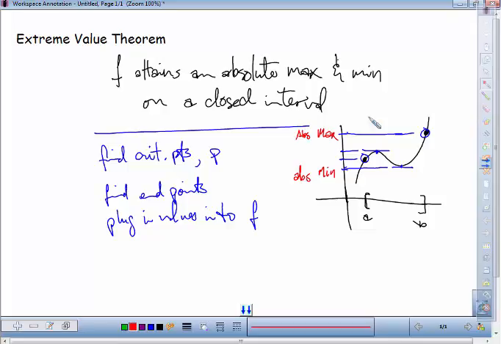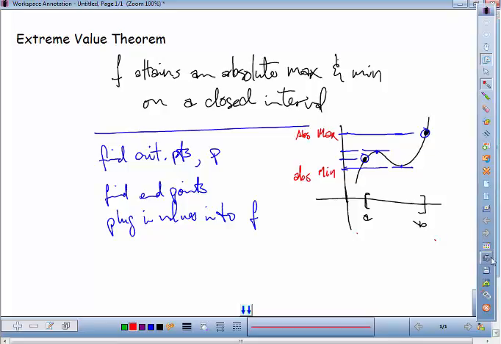So when we get to the next thing we're going to talk about, the generalization is the same, except that for a closed interval you just have 2 points to check, the endpoints. We have to define what a closed domain is for functions like this.